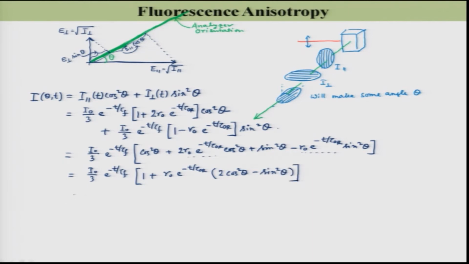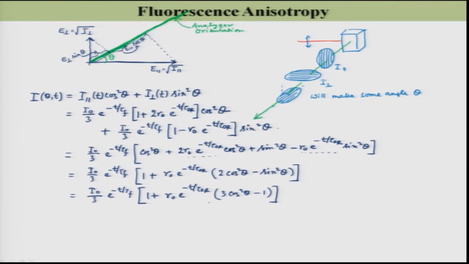Okay, I am almost done. So I 0 by 3 e to the power minus t by tau f, I will keep this part as it is, r 0 e to the power minus t by tau r, and this can be written as 3 cosine square theta minus 1. I am done.